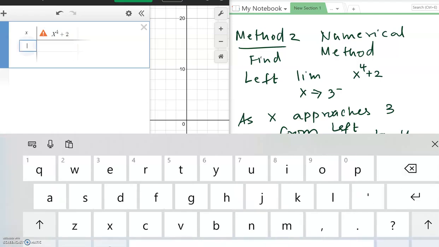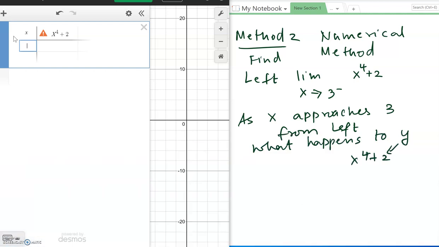Okay, so now we're going to choose x values approaching 3 from the left side. Which means if I have a number line with 3, x is going to approach 3 from the left side. So we're going to start off by choosing x equal to 2.9, which is smaller than 3, and then move closer to 3.